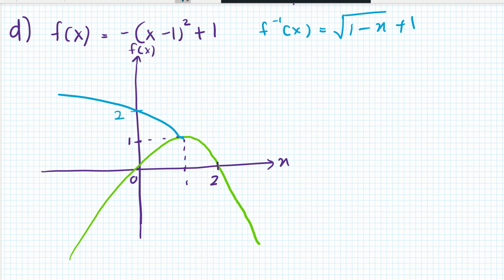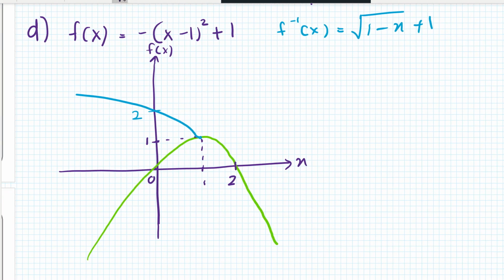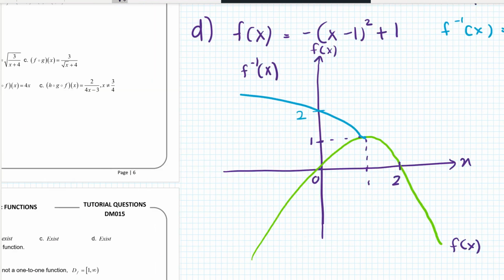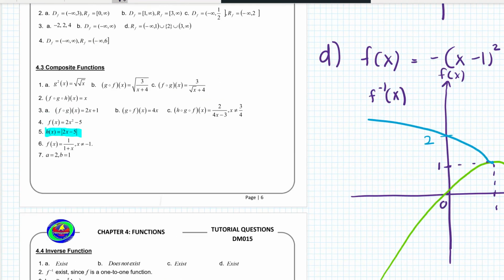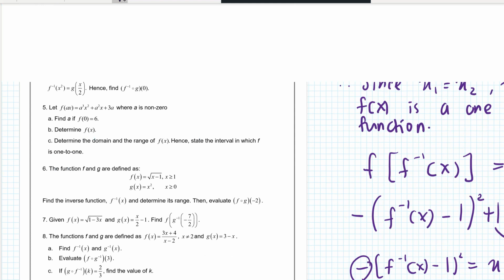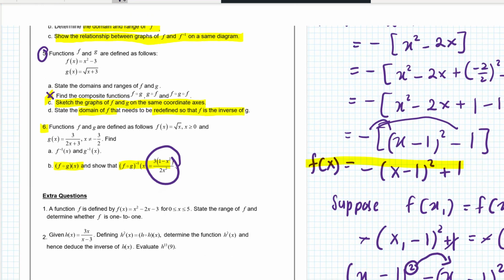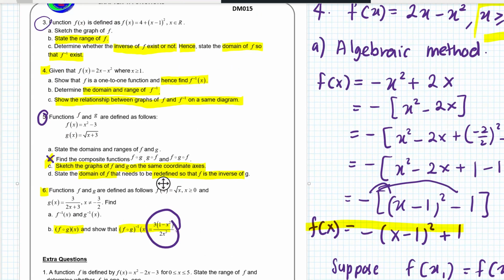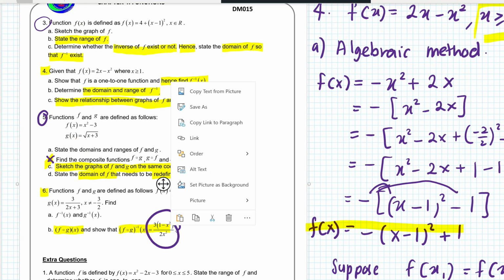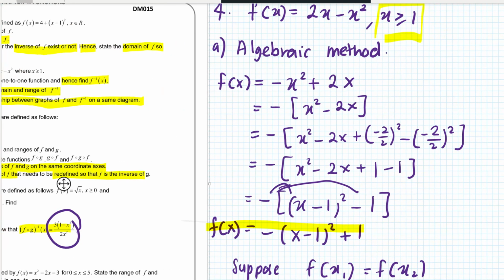So this is the graph for the inverse function. This is f(x) and this is the inverse. The question asks to show the relationship between the graph of f and f inverse on the same diagram.